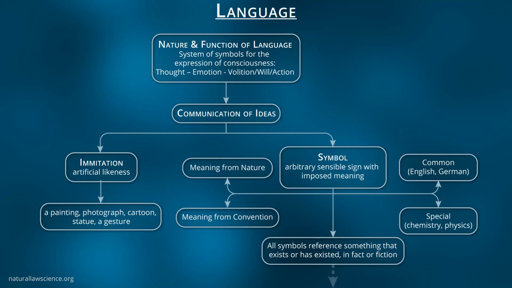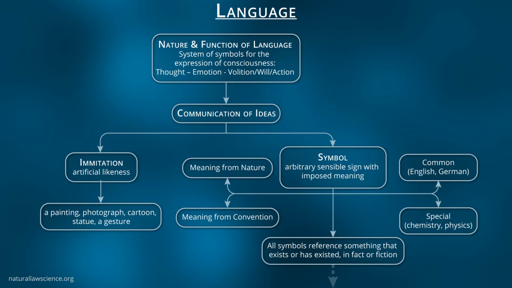So when we communicate ideas, we can do an imitation, an artificial likeness. So we can create a painting, we can draw a sketch, take a photograph, make a cartoon, create a statue, make a gesture. These are representations of something in reality.